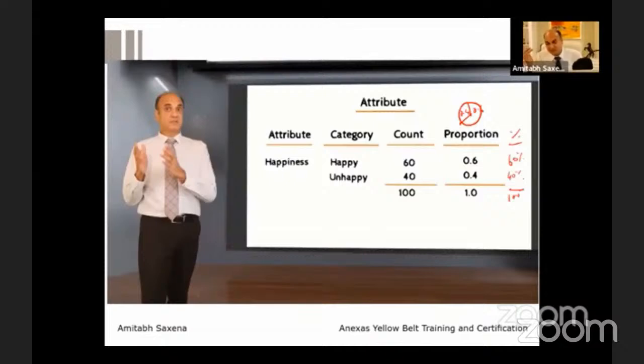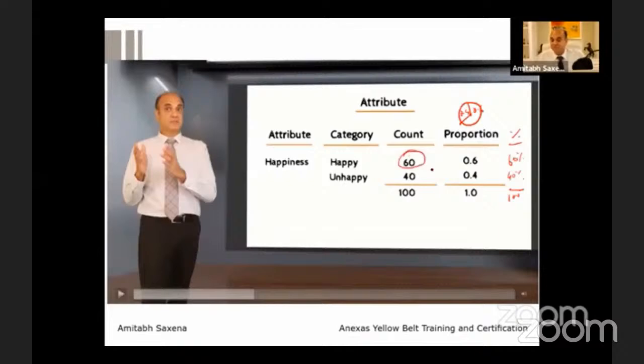It's a measure. But here, 60% is 60, it belongs to happy, and 40 belongs to something else, isn't it? I hope you understand. So categorical data will always be expressed as proportion or percentage. The count will never have a 60.1 happy people. The proportion obviously will, because you are converting into proportion, but the count will never have a decimal.